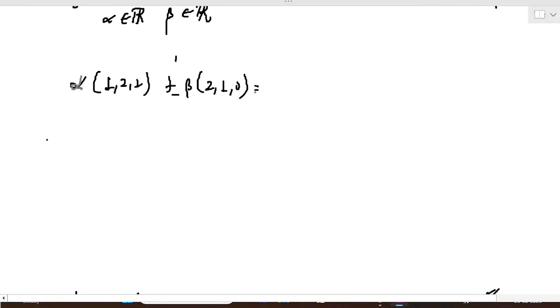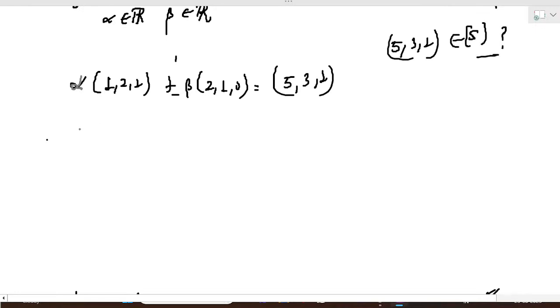And we wanted to see whether it forms 5 comma 3 comma 1. We want to see whether 5 comma 3 comma 1 belongs to the span of S, right? This is what we want to see. So this will be alpha plus 2 beta comma 2 alpha plus beta, and then yes, Siddhi was right indeed. So it was alpha here. I wrote beta here, so there was a confusion. So this will be 5 comma 3 comma 1 here.